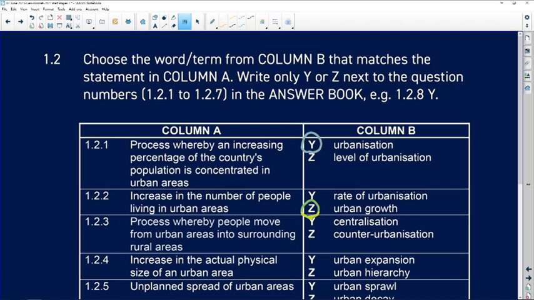1.2.3, the process where people move from urban areas into surrounding rural areas, that's counter-urbanization. Obviously we've seen it, it's a topic that we always discuss: rural-urban migration, the people moving from rural areas to urban areas. Why? Because of push and pull factors. Better job opportunities, better healthcare facilities, better schooling, better housing.